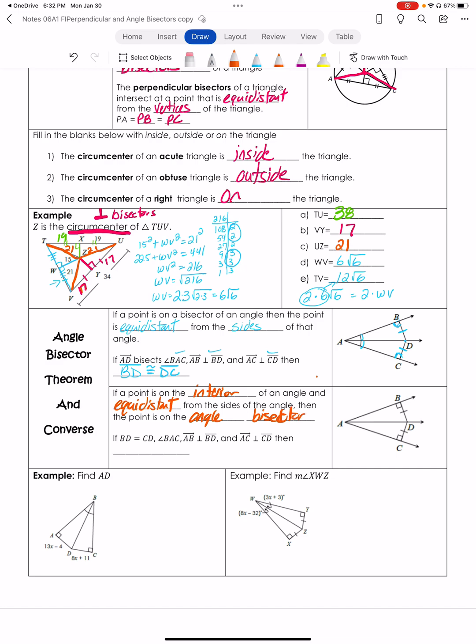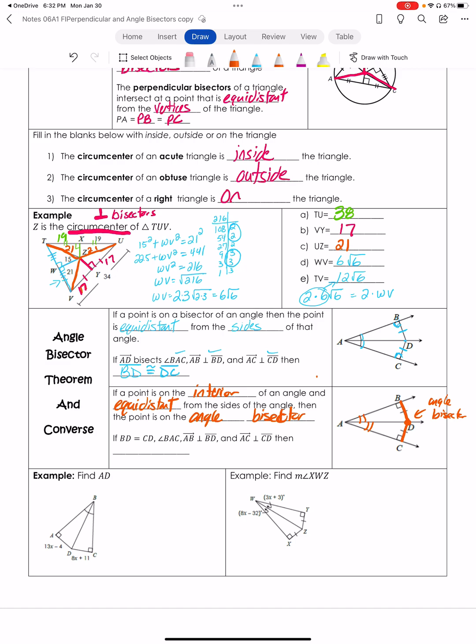So that just basically means if it's on the inside of the angle, like point D is, and we know that it's equidistant from the sides, then this right here has to be the angle bisector. And if that's the angle bisector, then this angle must be congruent to this angle.